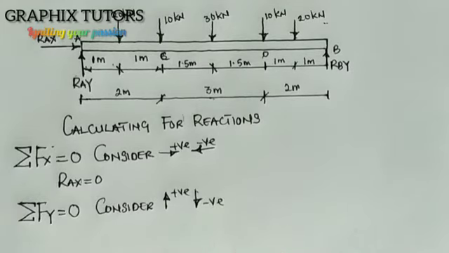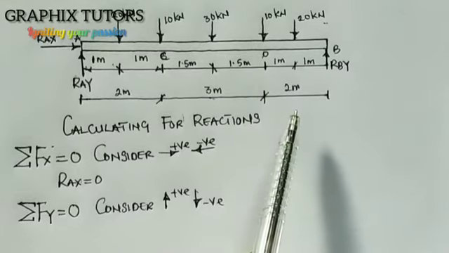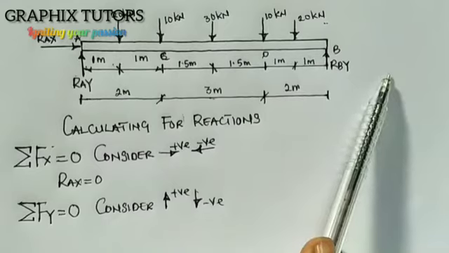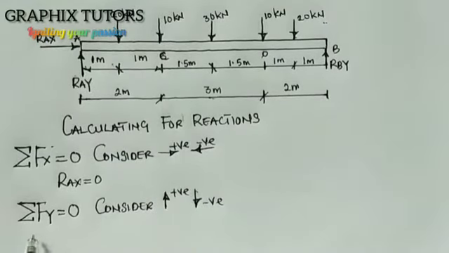Negative. Now, if you look at this, we have a lot of vertical force here, and they are 7 in number. We have 2 upward force and 5 downward force, right? So since the forces are facing upward, they are positive. So we say that RAY, which is positive, plus RBY, which is also positive, right?